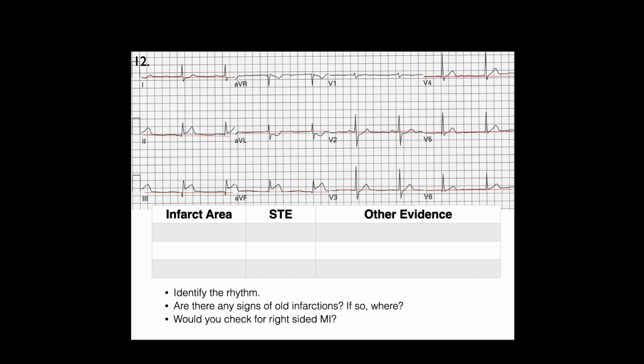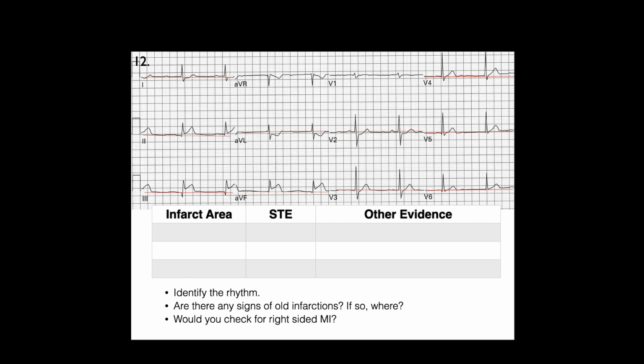Good. Let's see, and then, now that I look at it, it looks like there's some depression in V1 and V2. Good, which would imply potential posterior MI. Good. Excellent.